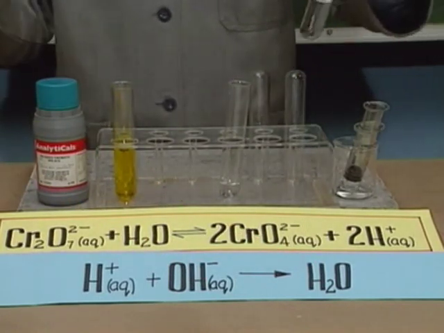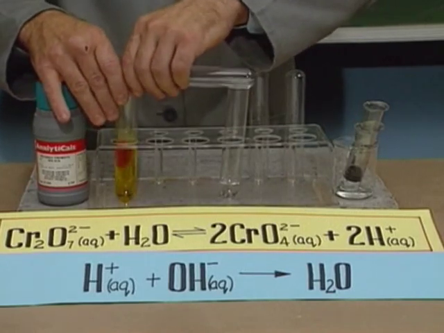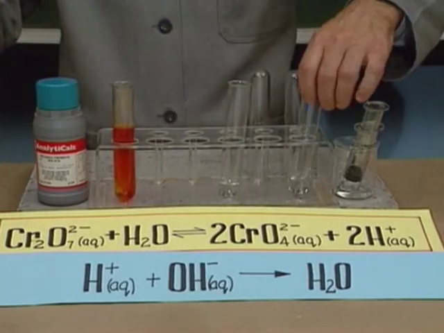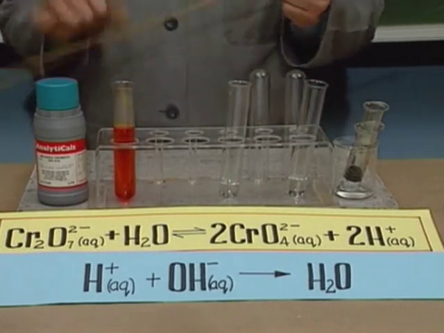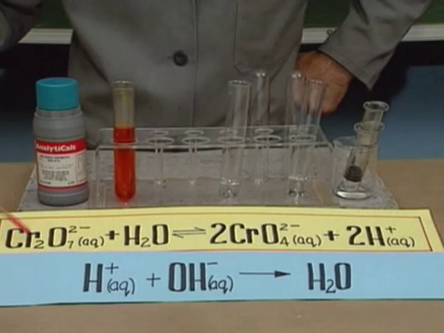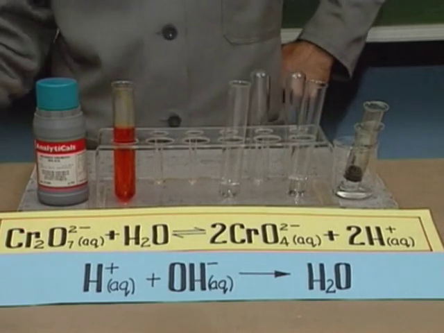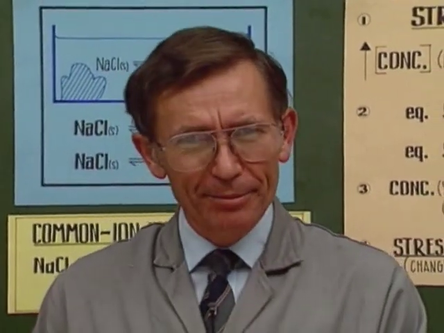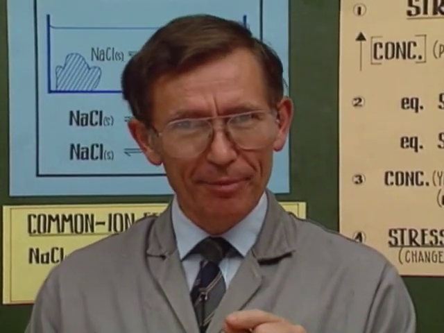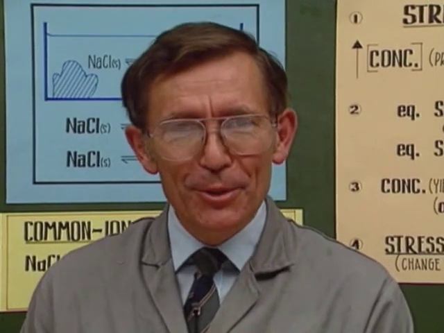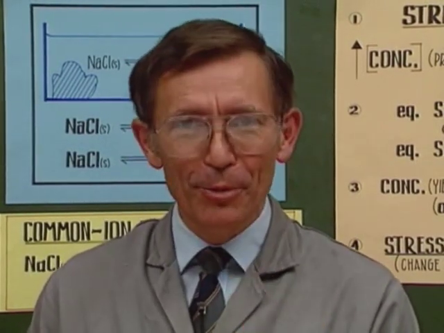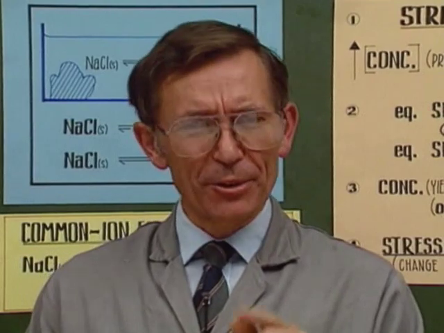On the other hand, if I add concentrated hydrochloric acid to the equilibrium solution, the equilibrium is once again driven to the left to produce a higher concentration of the dichromate ion at the new equilibrium. For an explanation in terms of Le Chatelier's principle of these observations, refer to reference number 402.4.5 in your workbook.